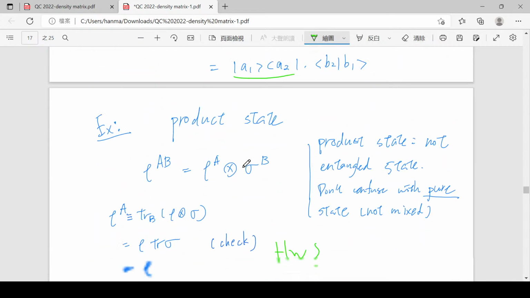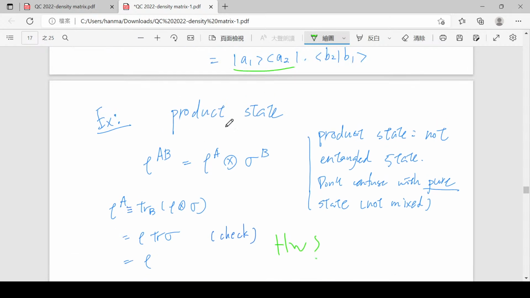And then here we also have another notation, product state. This is product state for density matrix, and it just means whatever state can be written in this form. Basically, no entanglement.